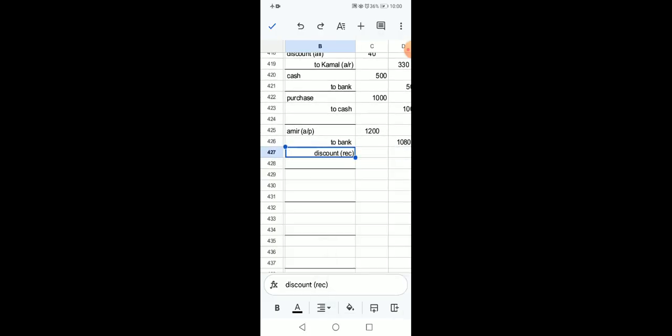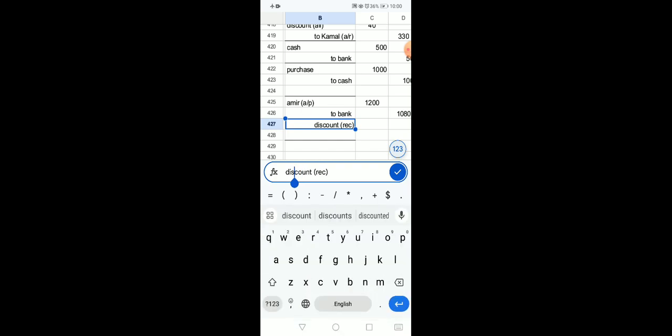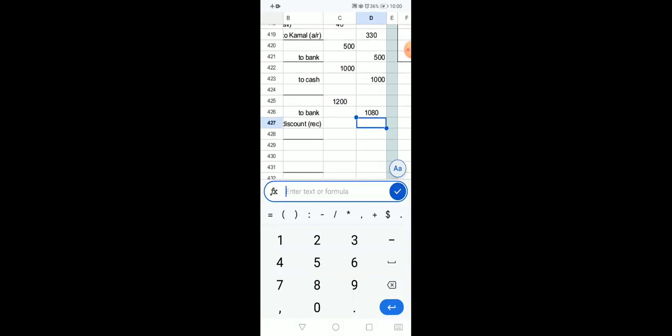Mention it on the credit side, and you need to write the word "to" as well, because there are two amounts on the credit side. How much discount is not mentioned. So what will you do? Again, you will apply the simple accounting principle: debit and credit sides should be equal. On the debit side, it's 1200. On the credit side, there is less amount, 1080. How would you know how much amount we should write over here?